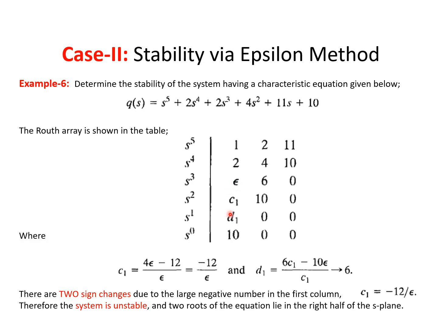From epsilon to c1 you have one sign change, from c1 to d1 you have another sign change. So by treating epsilon as a positive value, we get two sign changes, and the system is said to be unstable. This is the case wherein the first element in the row is equal to 0. So this is one procedure we can adopt.